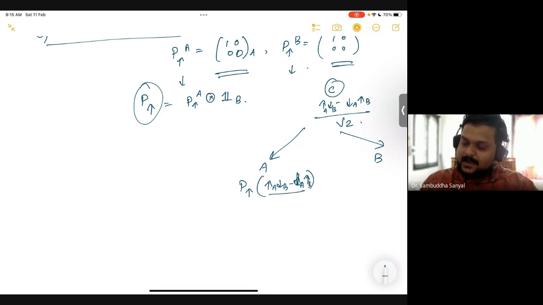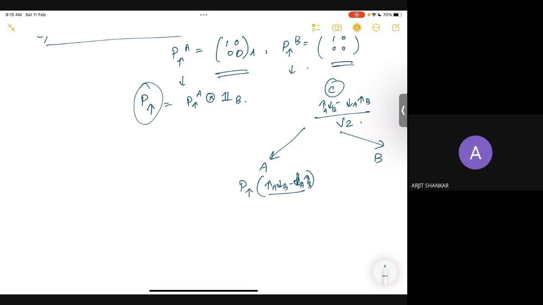Now this P up has to be written in this form. Alice can do a P up A, but cannot do anything to the B part. She doesn't have access to the B part, so the B part has to be an identity. Then I can write down the action of that on this state and calculate all these things. Everybody got this point?